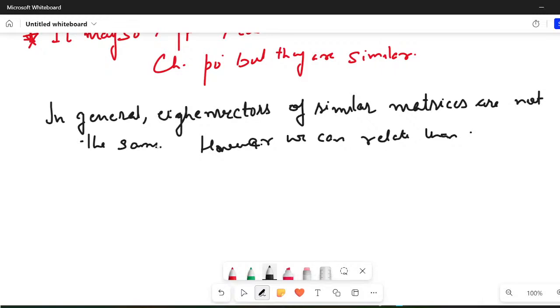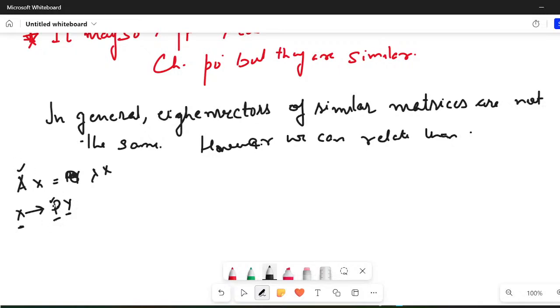So, what were the eigenvectors? If you remember, I gave you the equation Ax is equal to lambda x, and then I changed x is equal to Py. So, I can relate eigenvectors by this particular matrix, P. When I'm going to diagonalize my A, I need to find this P, right?